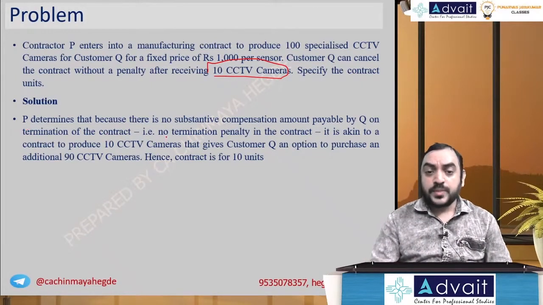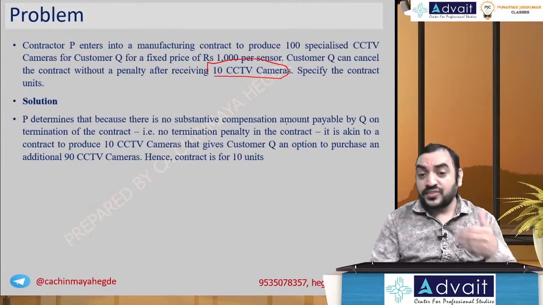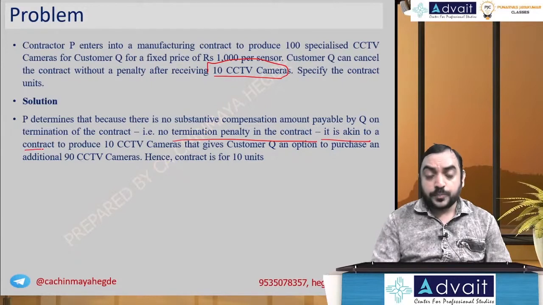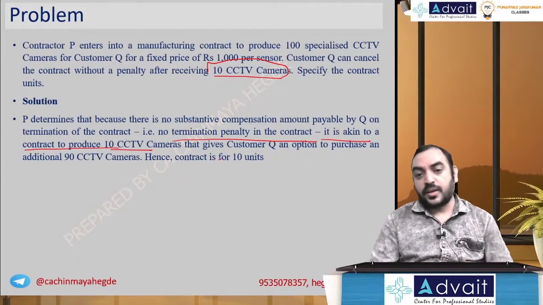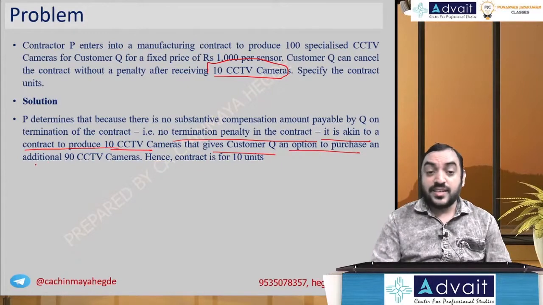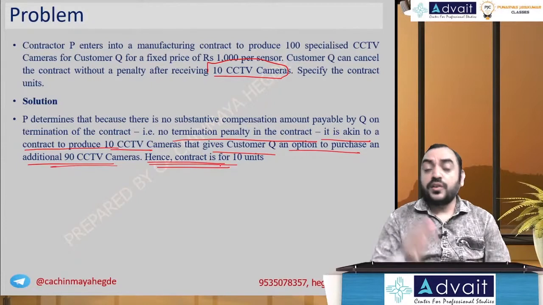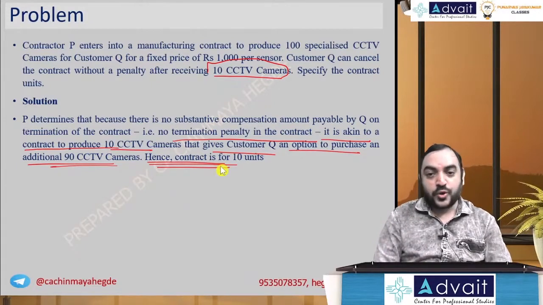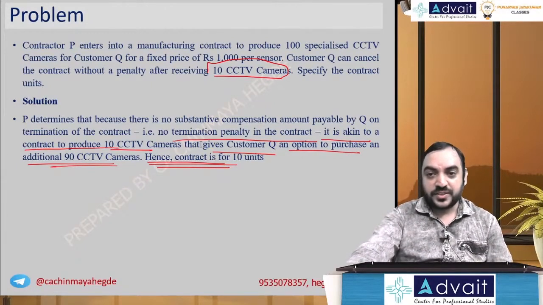P determined that because there is no substantive compensation amount payable by Q on termination of the contract, no termination penalty, the contract is akin to a contract to produce 10 CCTV cameras, which gives customer Q an option to purchase an additional 90 CCTV cameras. Hence, the initial contract is only for 10 units. I hope you got the point. Let's move further.